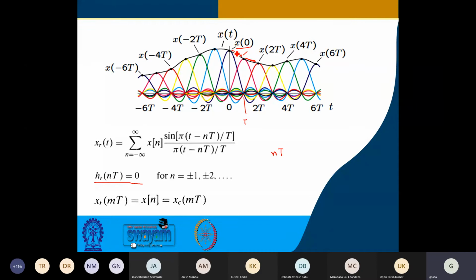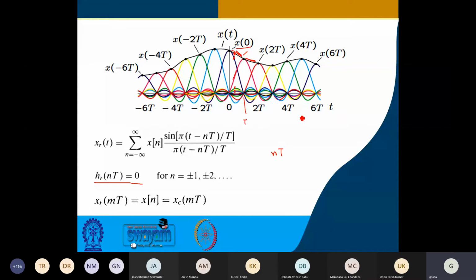Say if you are talking about this point, so whatever value is over here, then whatever value this one provides, whatever value this one provides, you all sum it up, you'll get it over here. So in between values, because now it is a continuous time signal which you are reconstructing, between 0 to T, T to 2T, 2T to 3T, this is coming from summation of these values where it is not 0, where it is offering some value, plus or minus, depending on how far the central lobe is.